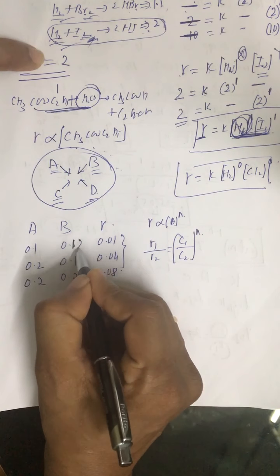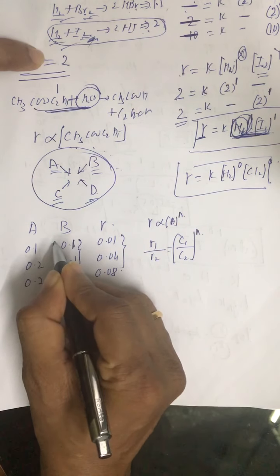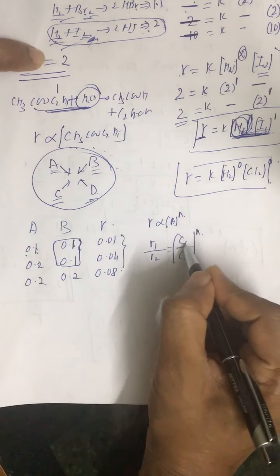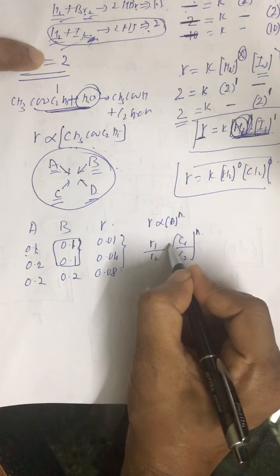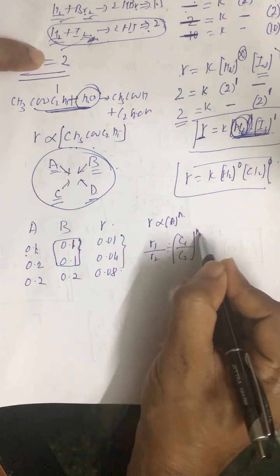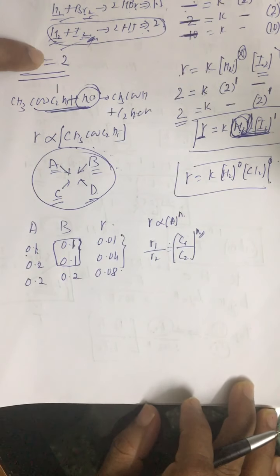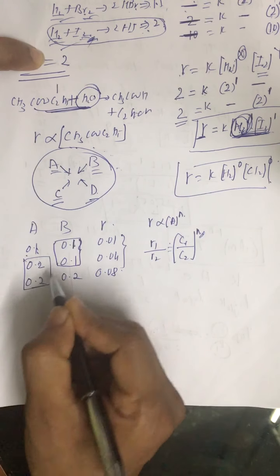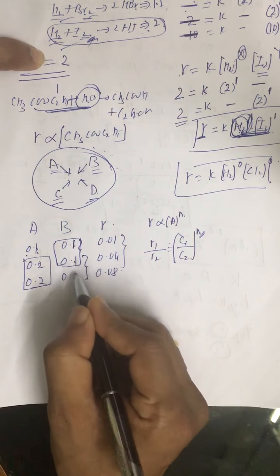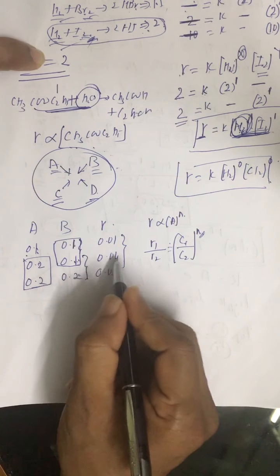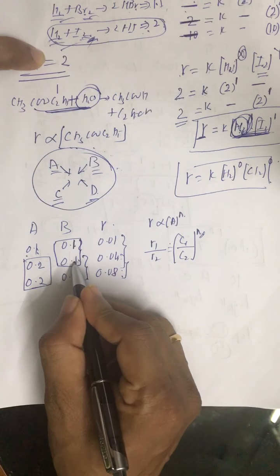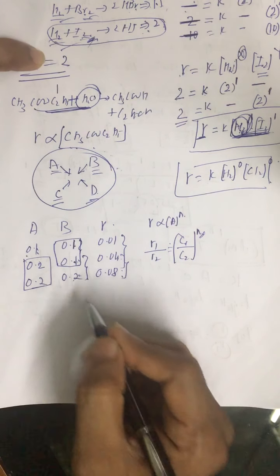You are keeping the concentration of B constant and changing the concentration of A. So you put 0.1, 0.2, R1, 0.01, 0.04 and calculate the value of N. Similarly, in the second case, the concentration of A is kept constant and the concentration of B is changed, with rates R1 and R2 and concentrations C1, C2.